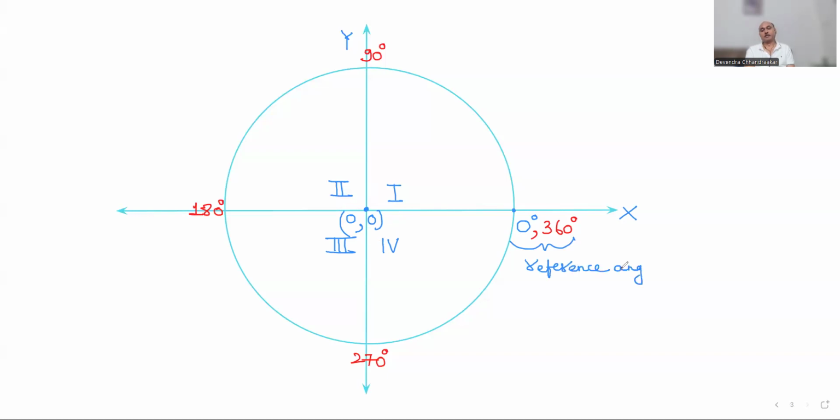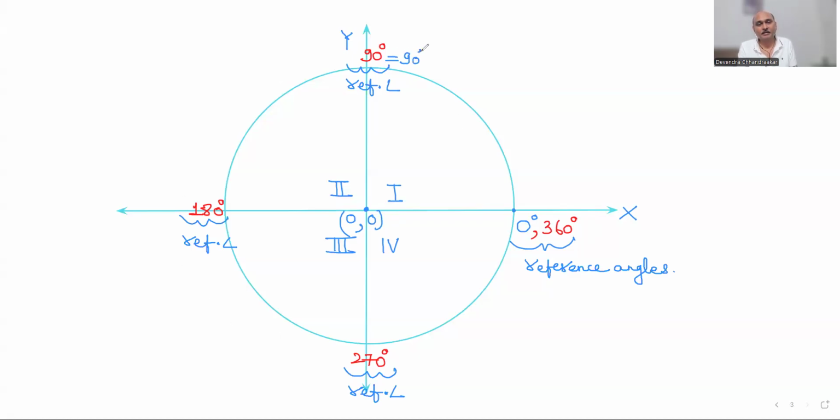So these angles which mark the beginning and end of a quadrant are called reference angles. So these are the reference angles, and all of them are multiples of 90 degrees.